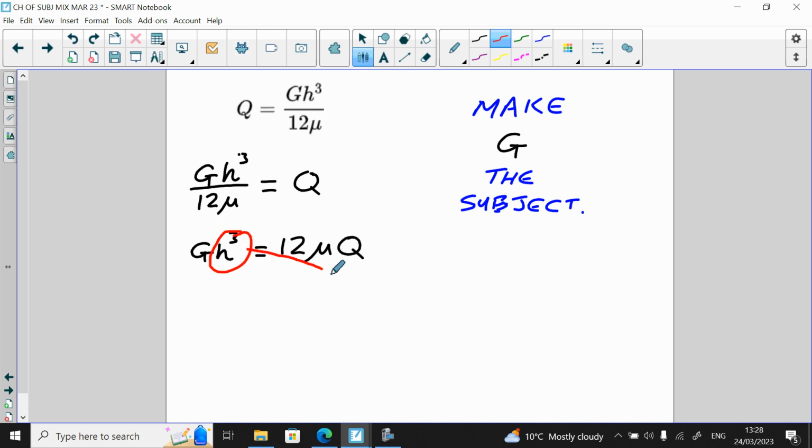So why don't we just take that downstairs to divide? That's exactly what we're going to do. And that's us isolated G. So just a couple of steps here, and it looks like we are fine. Right, let's move on.